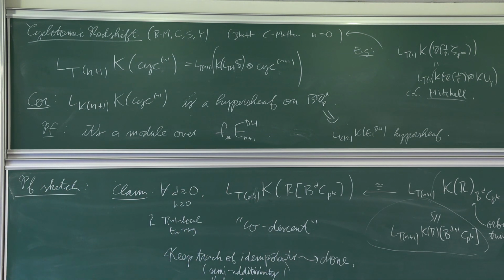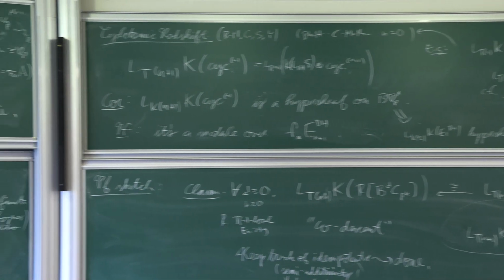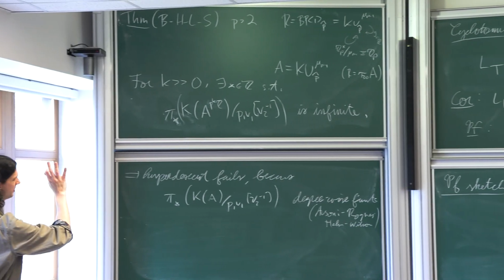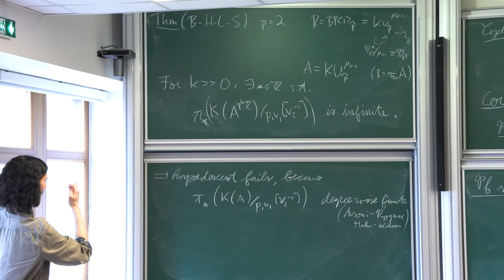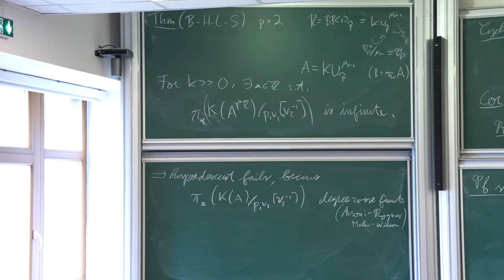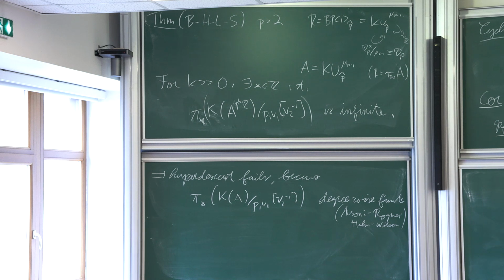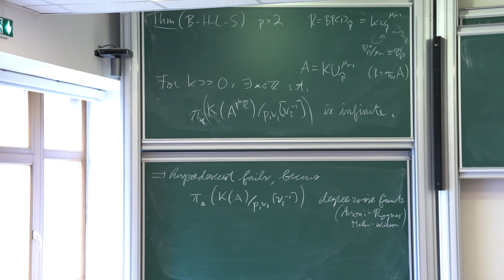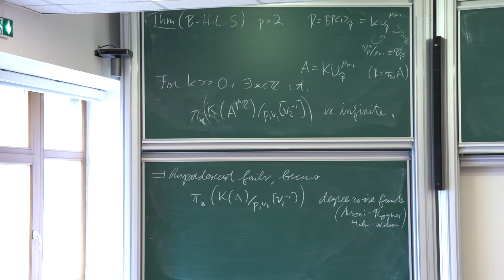Okay, so the key is to find some infinite homotopy. This is, by the way, really a caricature of their results. I've already given apologies about that. The key is to find some infinite homotopy at some stage in the tower. Okay? Yeah.